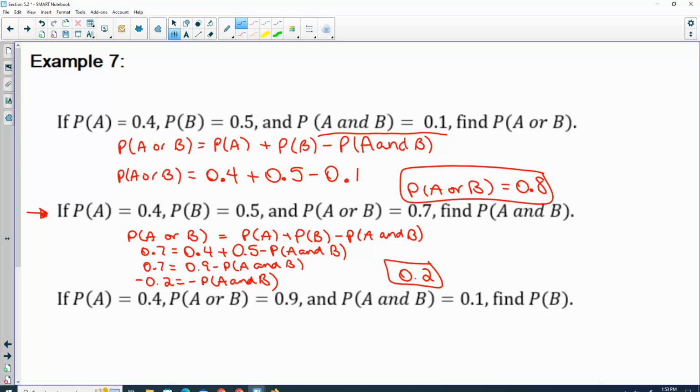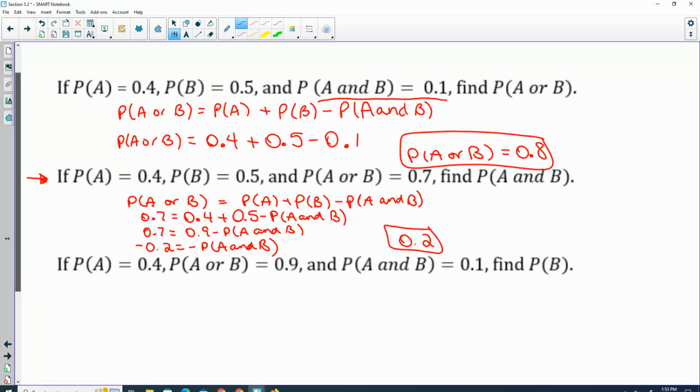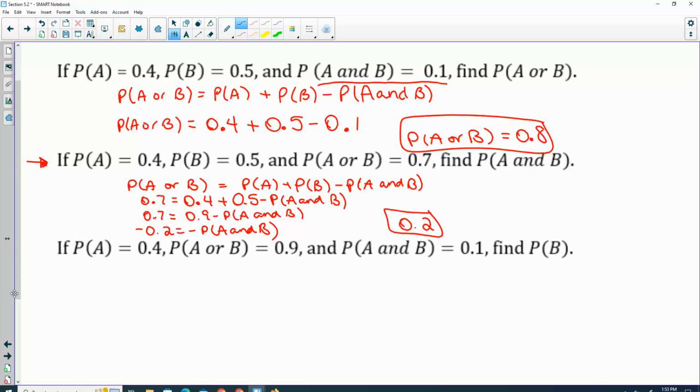Alright, last one. So, same formula. Probability of A or B. You don't have to write the formula every time, but it can be helpful. So we plug in what we have. A or B, I told you, was 0.9. A is 0.4.